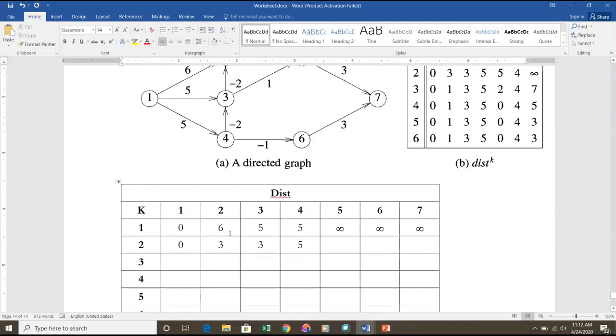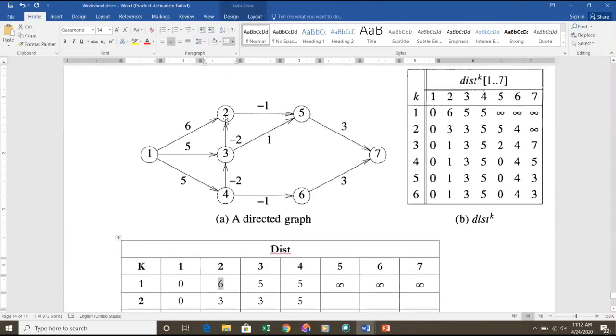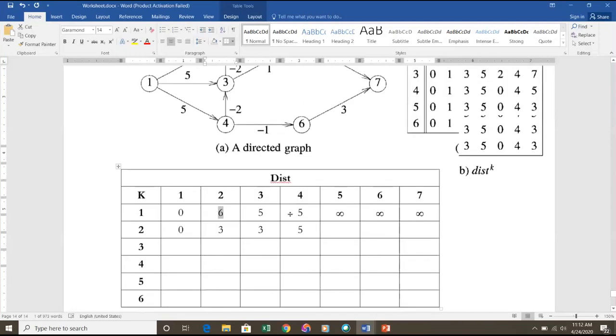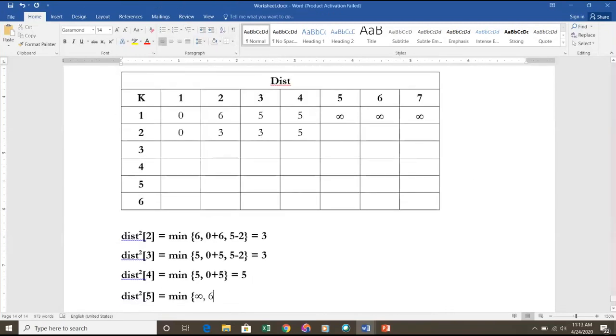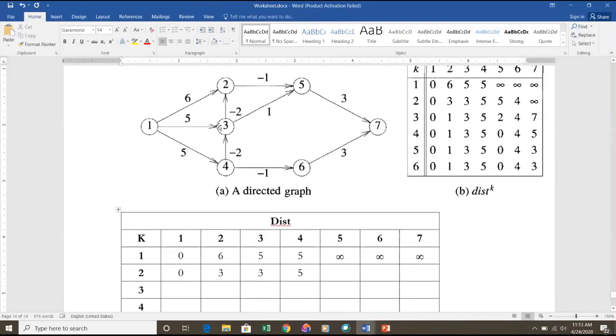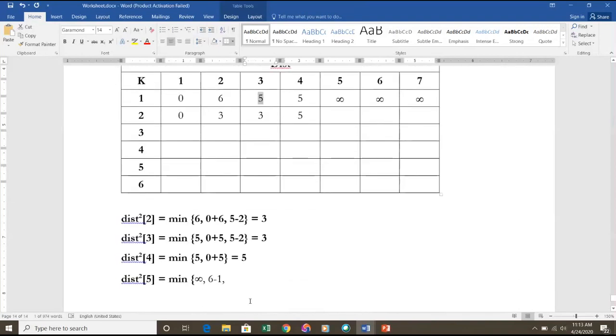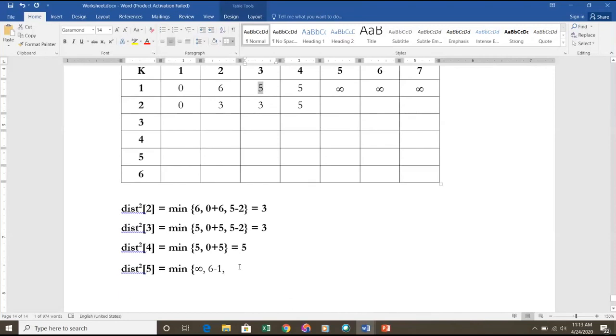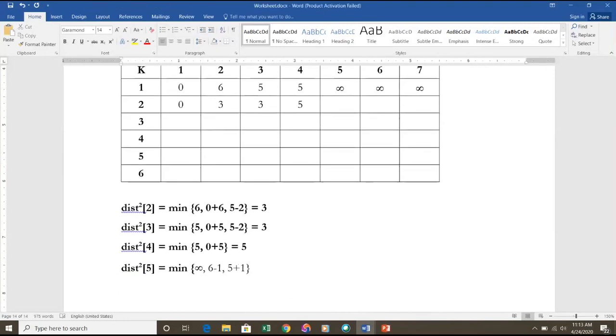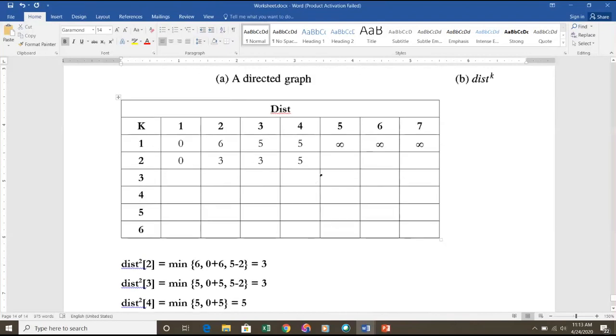It is 6. So 6 minus 1, comma, which is the one more vertex that is incident? It is from 3. What is the distance of 3 in the previous step? It is 5. So 5 plus 1. The minimum is 5. I'll write 5 here.